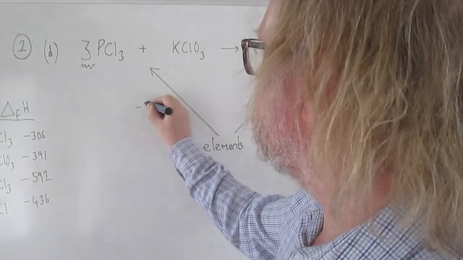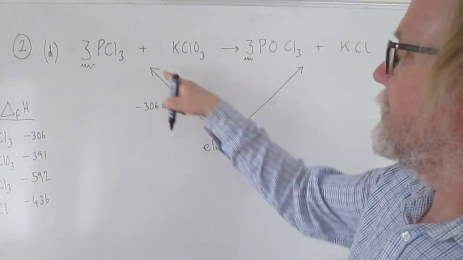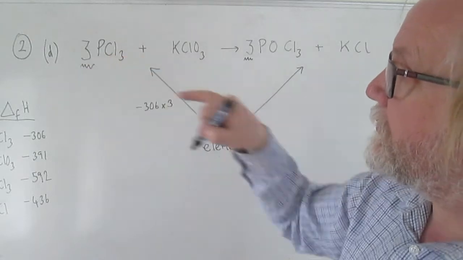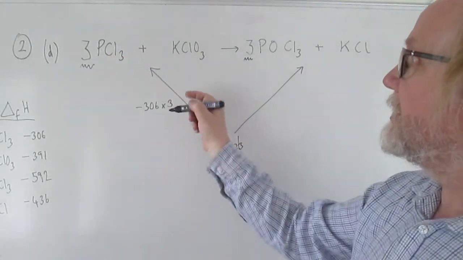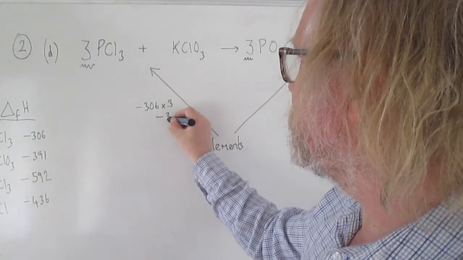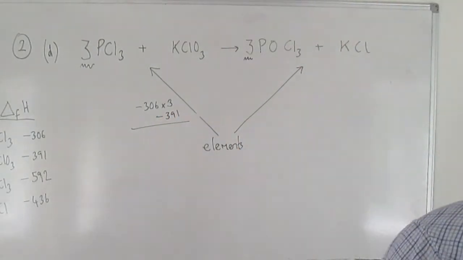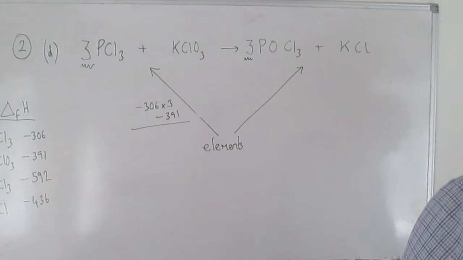So it's going to be minus 306 times 3 if we go from the elements to form 3 moles of PCl3 plus the enthalpy change for KClO3, which is minus 391. So you've got to add all that lot up, including the times 3 there.